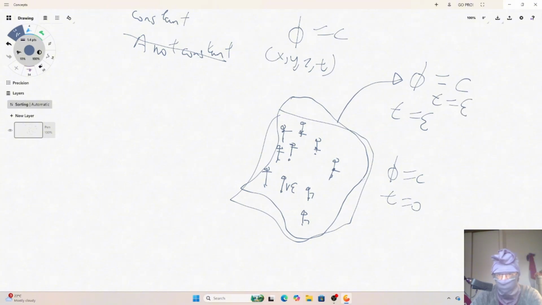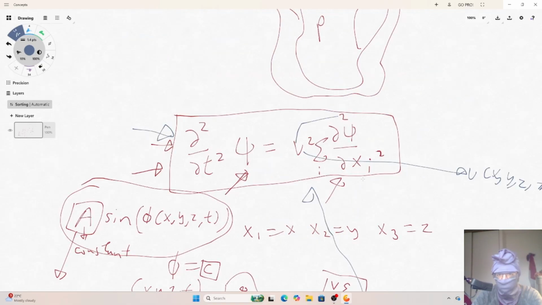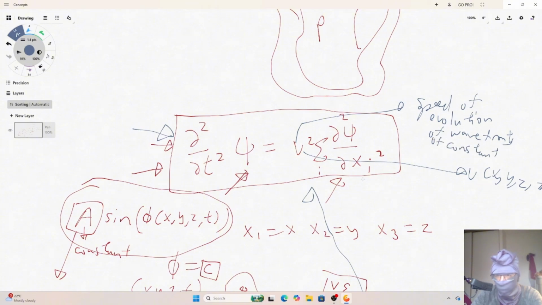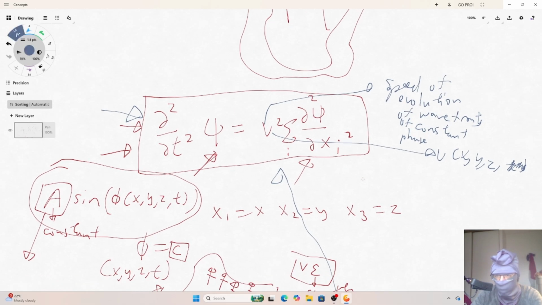So this v would be a speed of evolution of wavefronts of constant phase along normals.